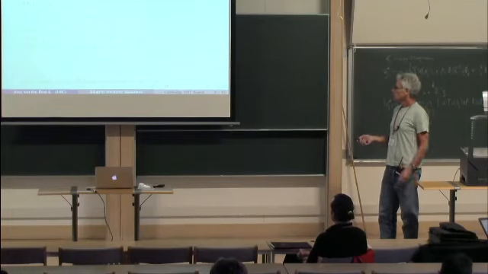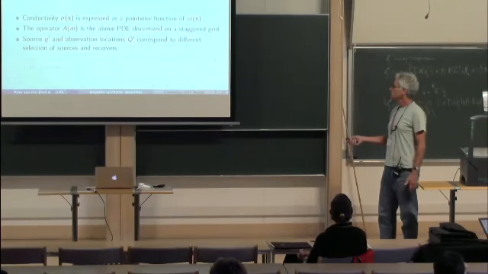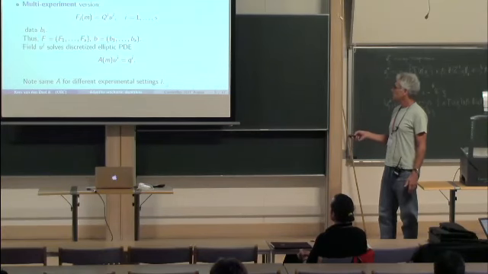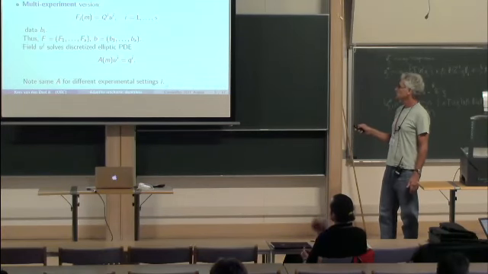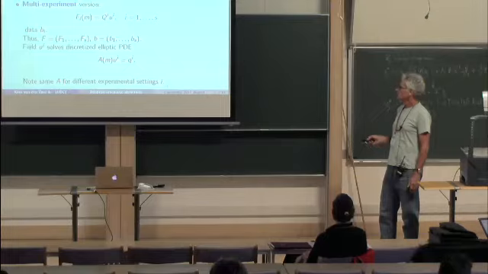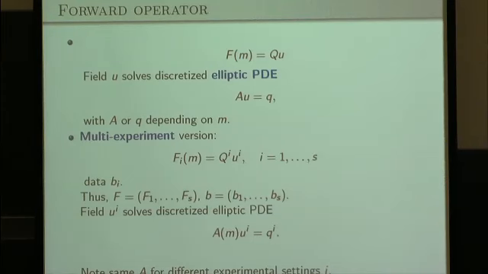Now we were talking about many experiments. A multi-experiment version of the same thing is where you have the ith source Q; correspondingly there's the ith potential field U, and then there is an ith projection matrix Q that says where the data are in the ith experiment.